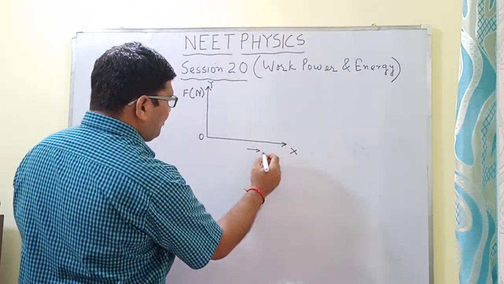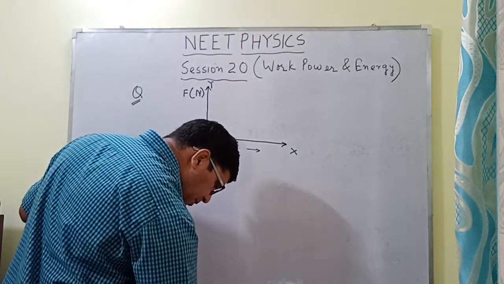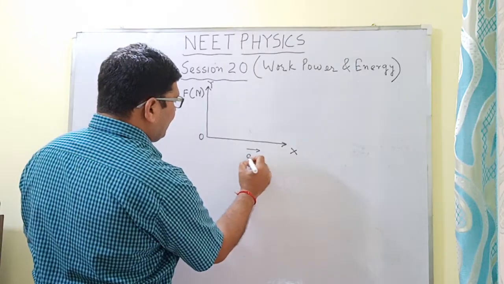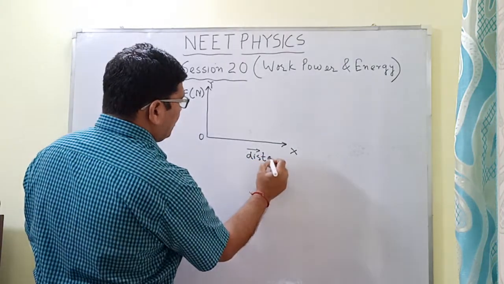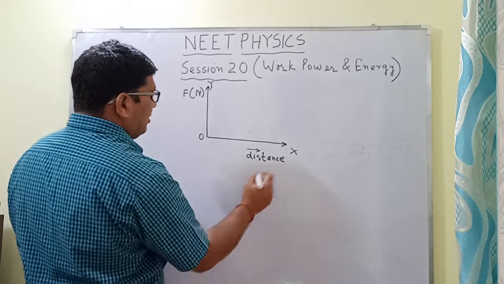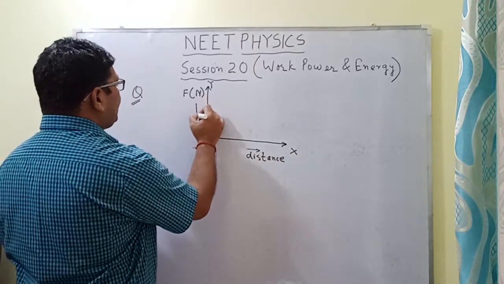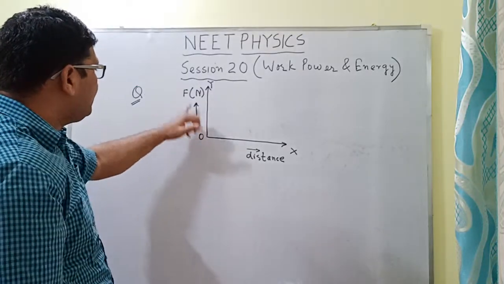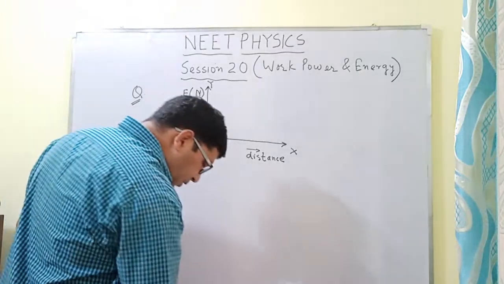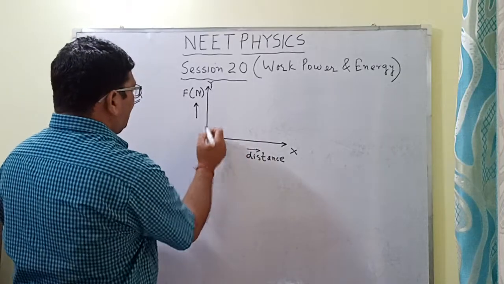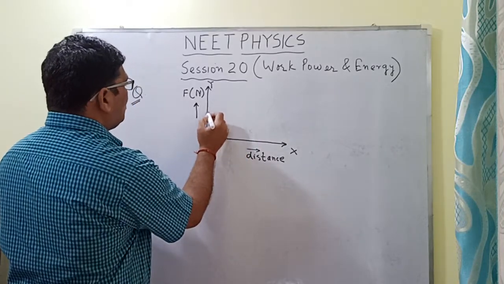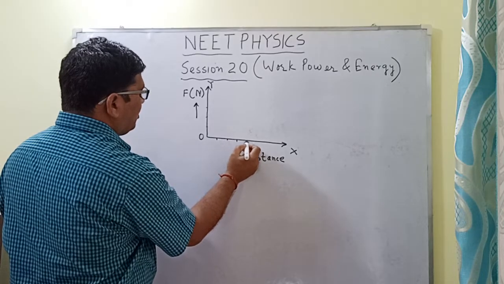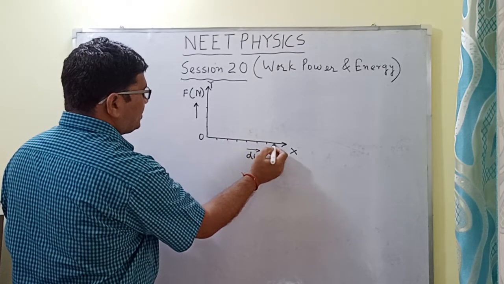It is the distance that is given, okay, and along this y-axis the force, which is in Newton, is plotted. So यहाँ पर एक इस प्रकार का प्लॉटिंग है, 1 2 3 1 2 3 4 6 7.